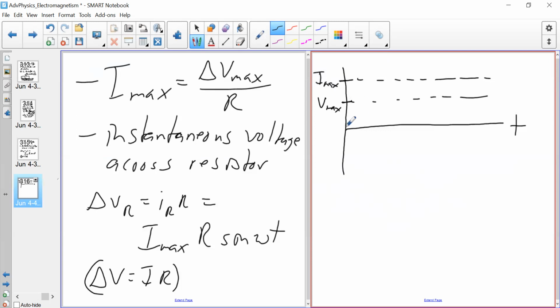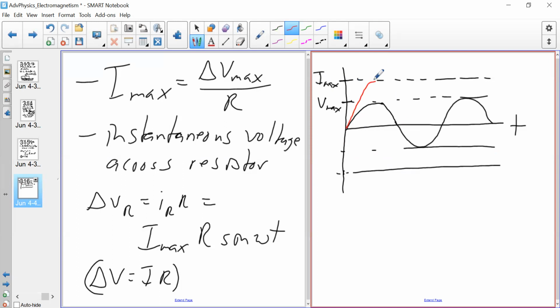And they're in phase, which means they're both sine functions. Then the current would peak at the same value for time, and then goes to 0. So they're constructive. They're in phase. They're both sine functions.